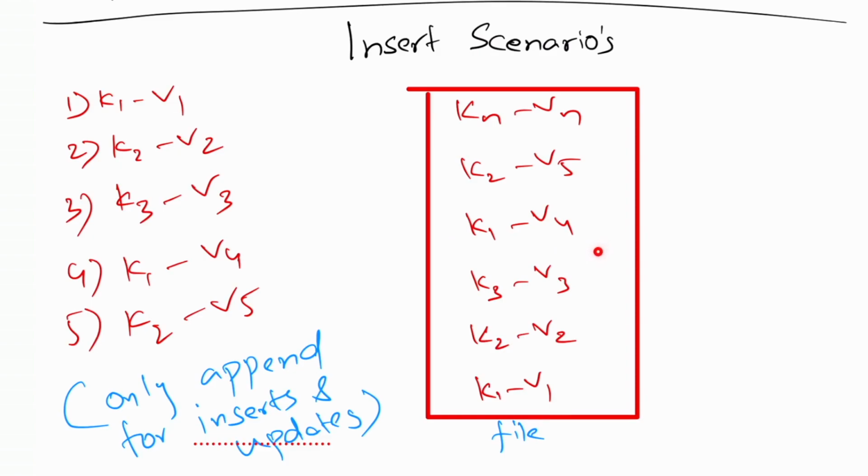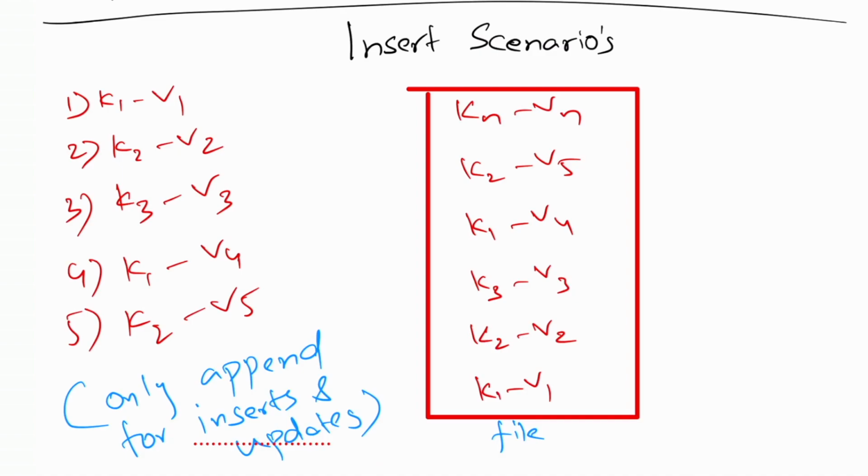Rather, we add a new line saying now K1 is V4. Why this is done and what the benefits are is something we'll look at pretty soon. Similarly, when you want to update the value of K2 to V5, you add a new line. You don't go and update the file.